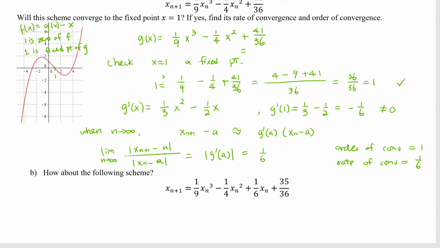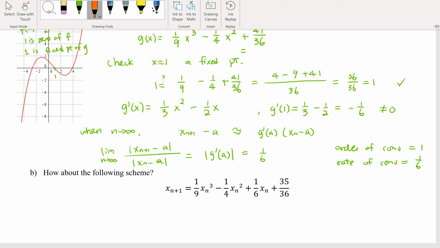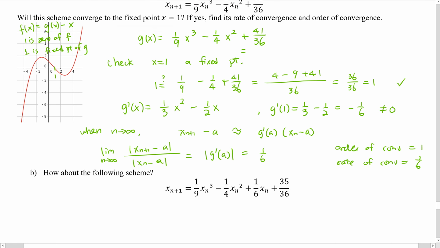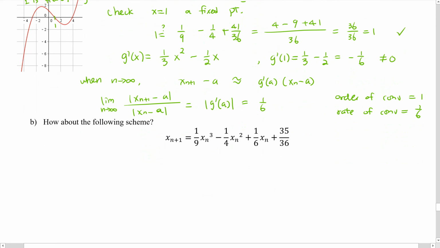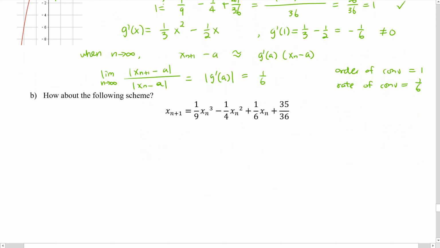All right, let's continue. So part B. How about the following scheme? First we want to check the right hand side. The left hand side is like x, right? The right hand side, g of x, is 1 over 9 x cubed minus 1 over 4 x squared plus 1 over 6 x plus 35 over 36.